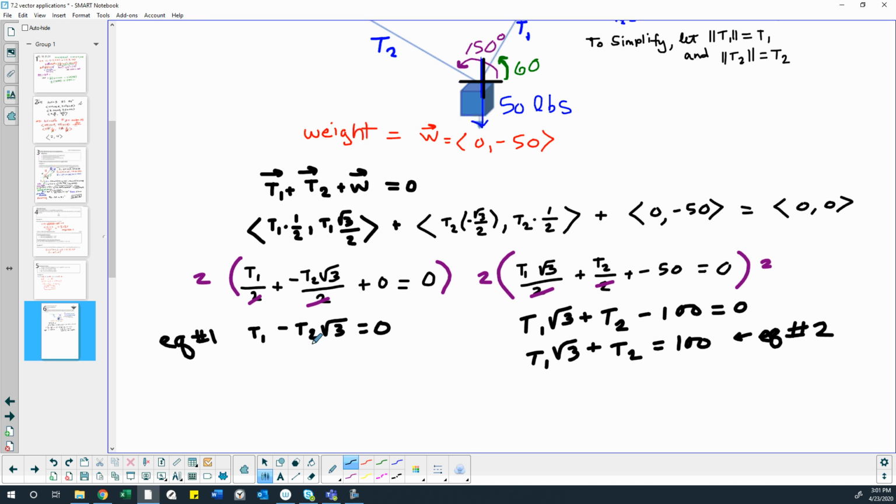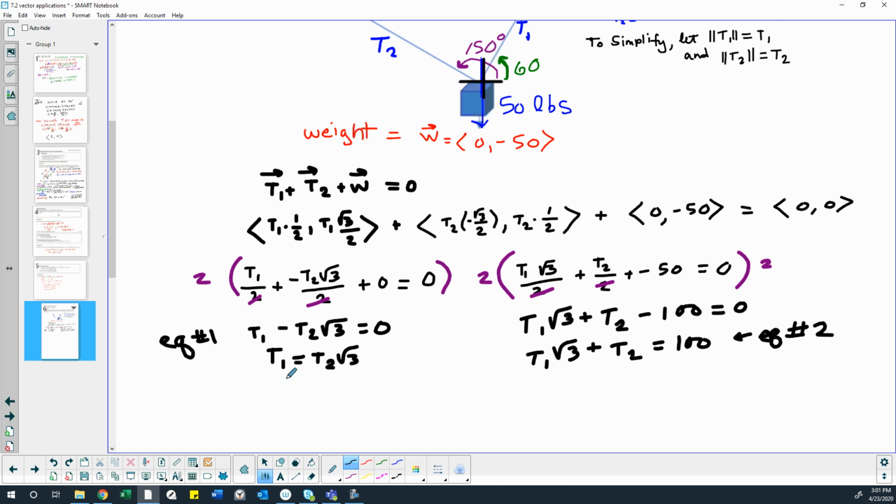Okay, so to solve this, we could use elimination, we could use substitution, we could use a matrix. There's all sorts of different ways to do this. I think substitution is our best bet because this one right here is equal to 0. We can just move that to the other side.